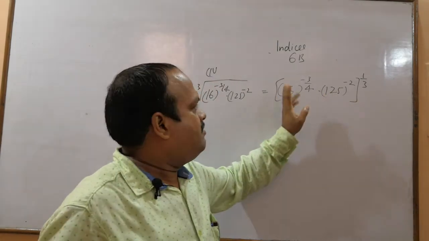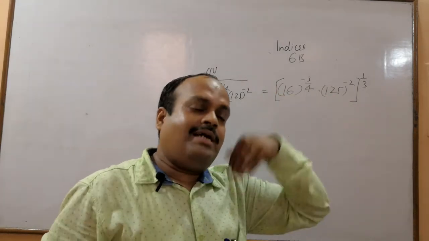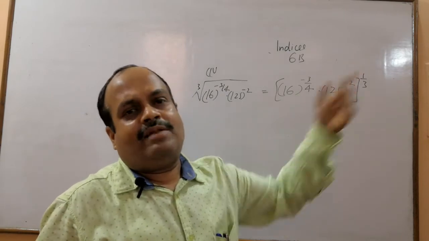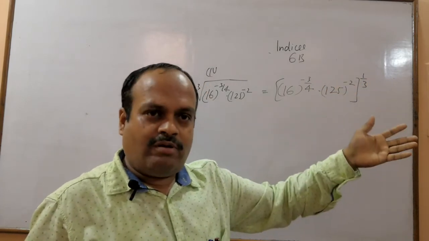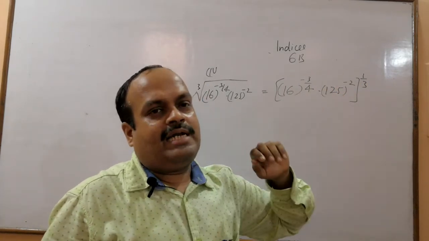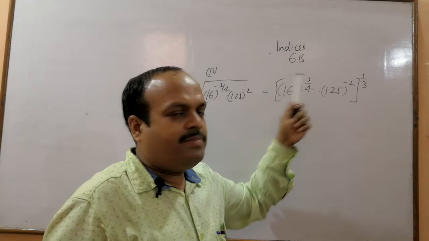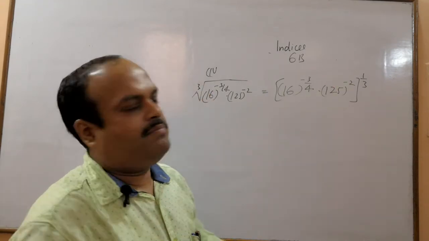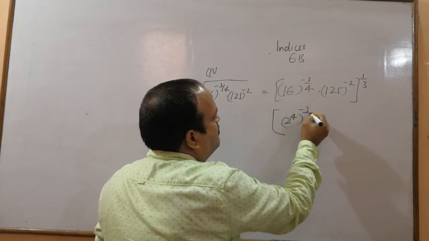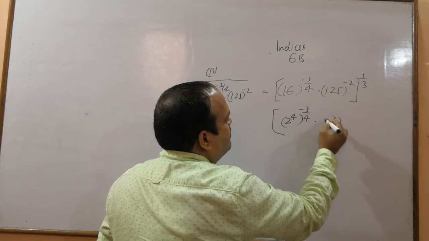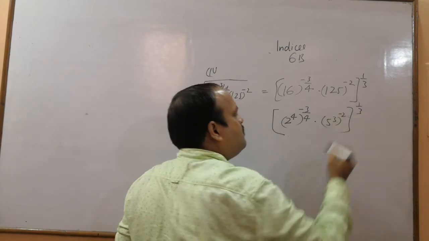Here 16 and 125 are the bases, and each of the bases is further expressible in exponential form. So 16 can be written as 2 to the power 4, and 125 as 5 to the power 3. So let us first express each base in exponential form: 2 to the power 4 raised to minus 3 by 4, 5 to the power 3 raised to minus 2, and the whole product is raised to 1 by 3.